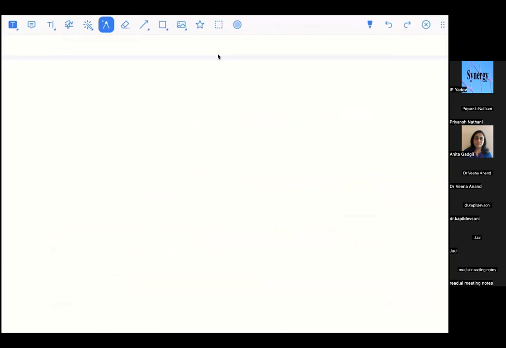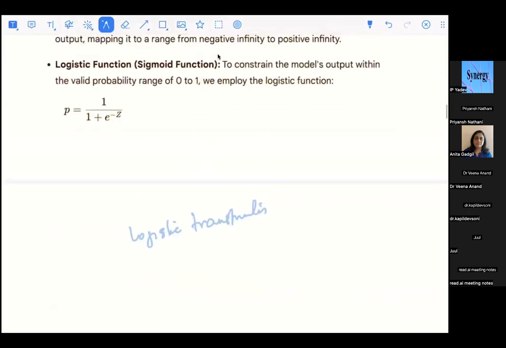So you need to convert this into a logistic function. You have to transform this. This particular transformation is the logistic transformation. So how can you convert this normal thing to a logistic transformation? That is the question here.